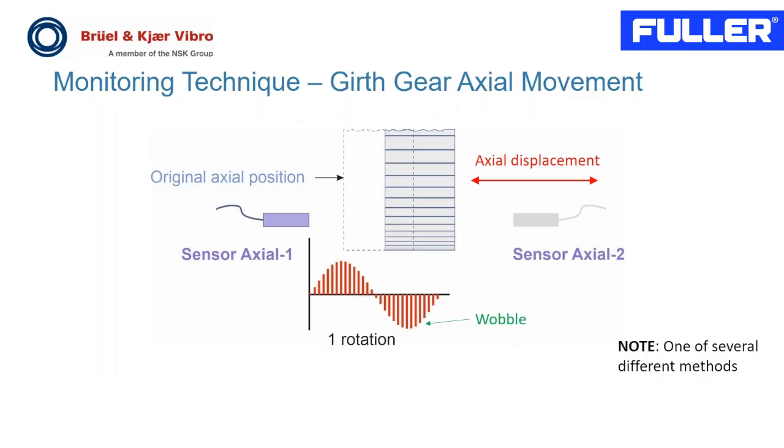And this can also be monitored as shown in the figure over here in red. Now, the axial position of the kiln, by the way, is also one of the parameters used for monitoring the axial balance of the kiln, which, as I mentioned before, Palle will talk about later.